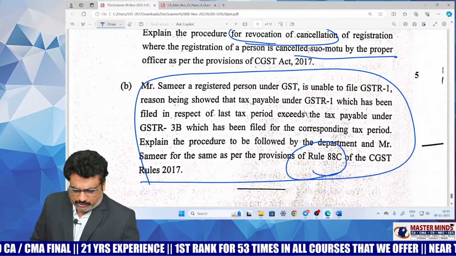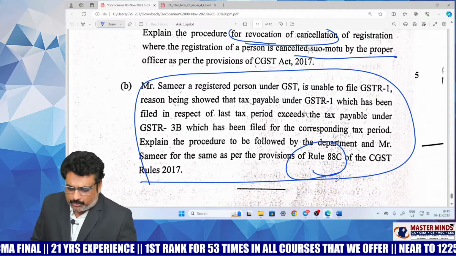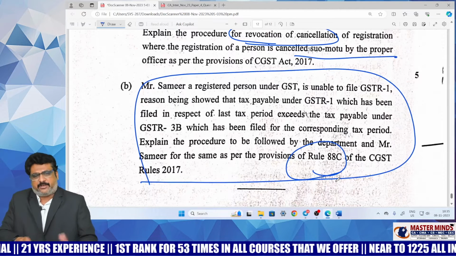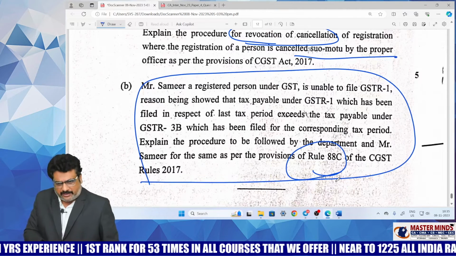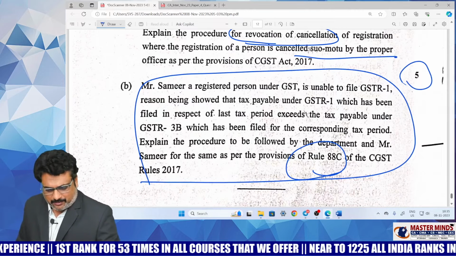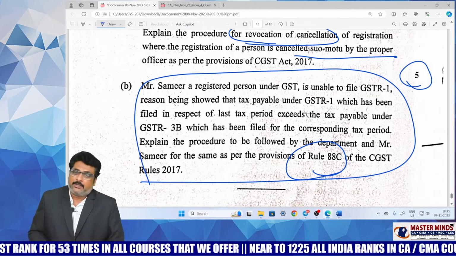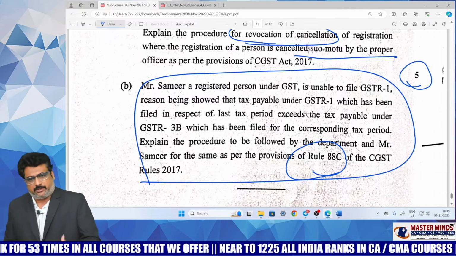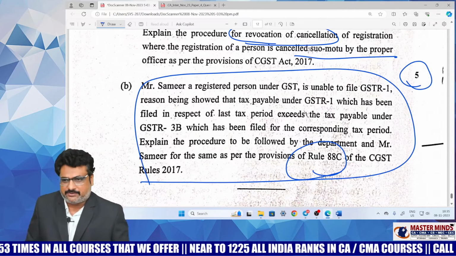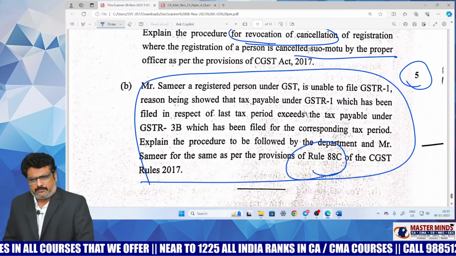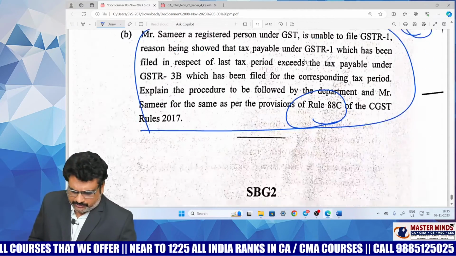So in comparison with these two, this was a little bit unexpected one that can be asked for 5 marks. All of us expected that this would be asked for some 2 marks or something like that. But people did not expect that this one would be given for 5 marks. But it was given, but it is okay. So this is the paper.